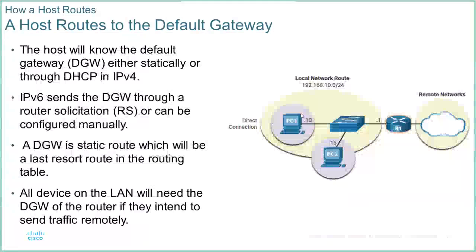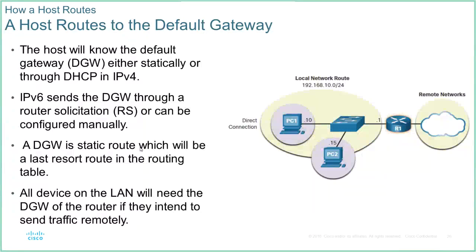Remember when we went through setting up each individual host in the material we've done so far, we gave our PC its address, 192.168.10.10, and we would have a subnet mask of 255.255.255.0, and then we would have a default gateway underneath it of 192.168.10.1.